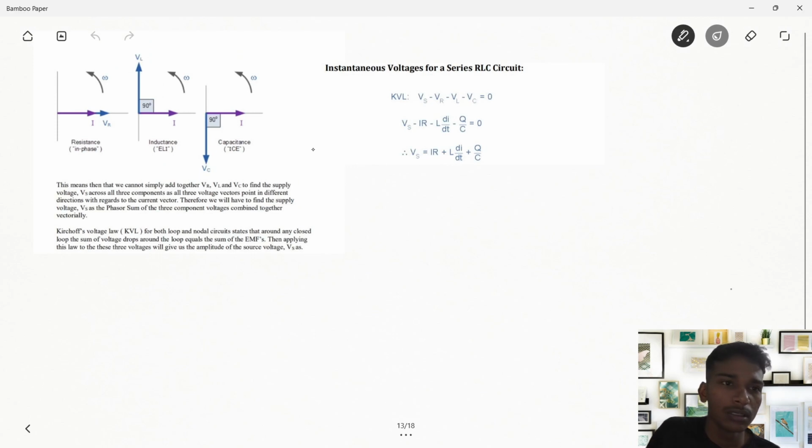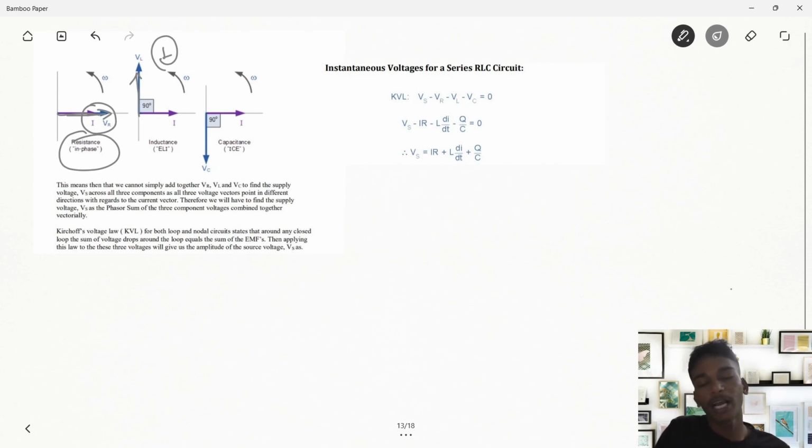I'm plotting some of the graphs between V and I. See, if it's purely resistance, then VR and I will be in phase, in the same direction, right? If it's purely inductance, then VL will lead, in the sense it has to be 90 degrees more than the IL.